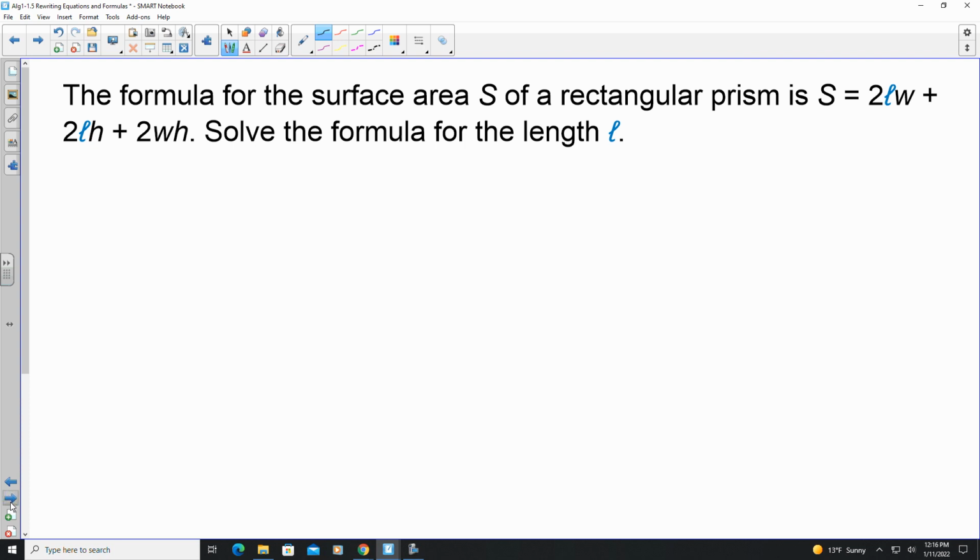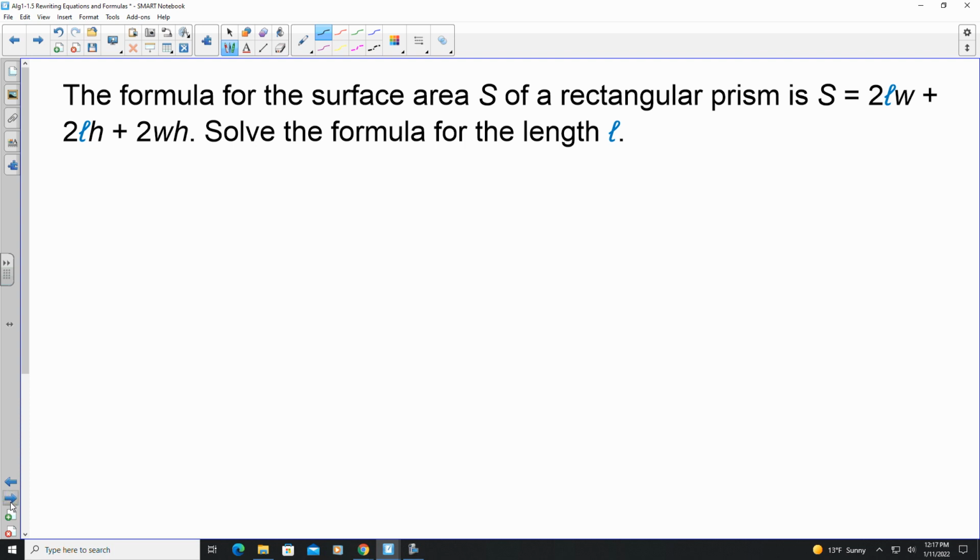Here, they want us to use the formula of surface area of a rectangular prism, and they want us to solve it in terms of L, so the length. Same idea as the problem that we just looked at.